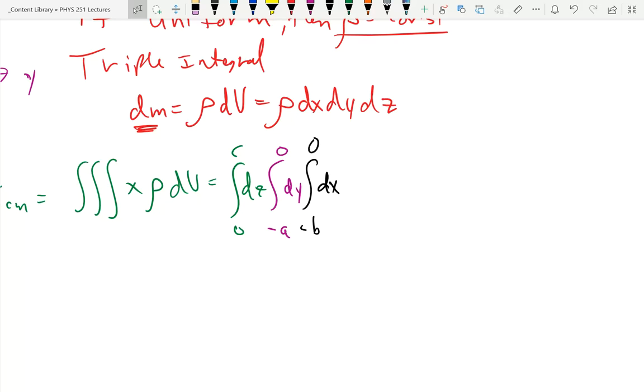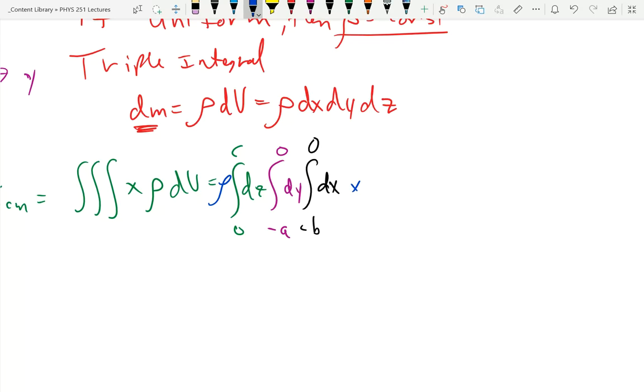Okay, so then I have to have my integrand. My integrand was x rho, and rho's constant, so I can bring that out front. You leave your x with the dx. I already did the dx dy dz. So that's my integral.